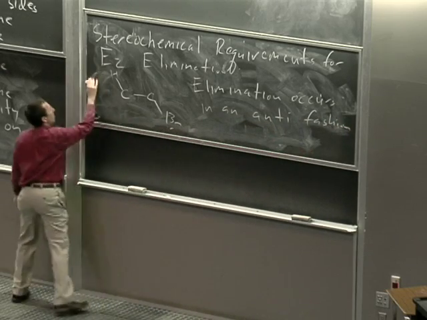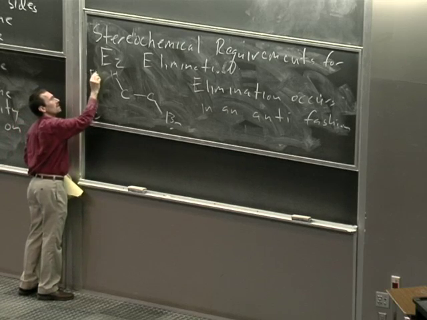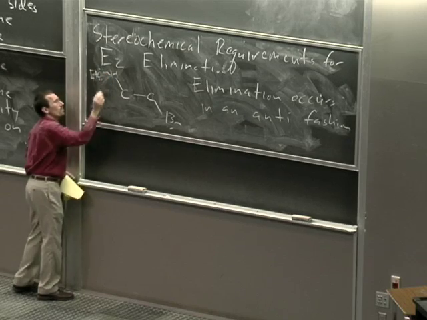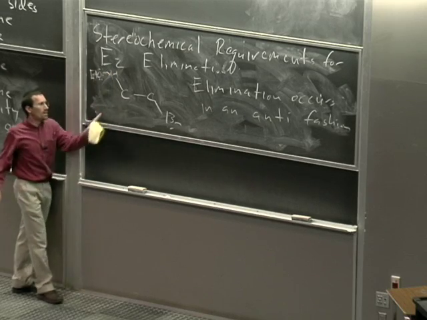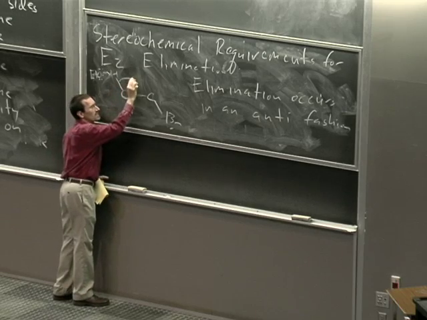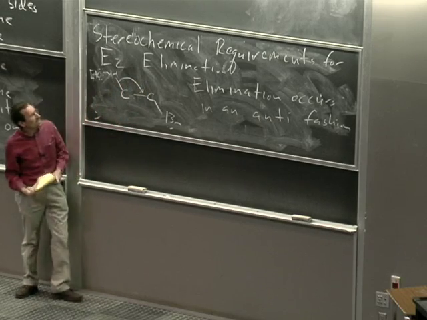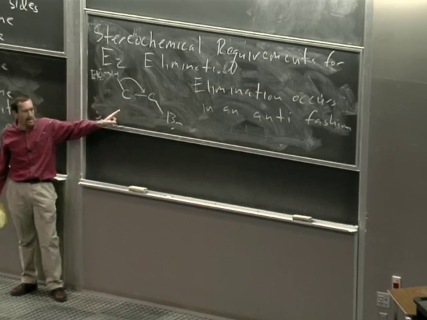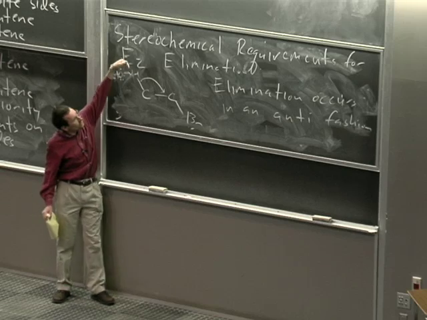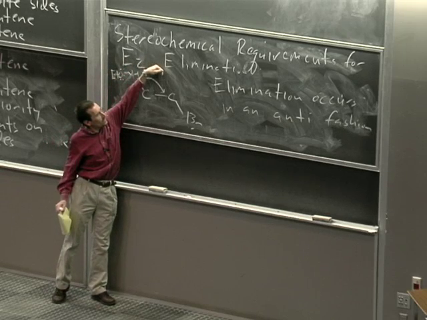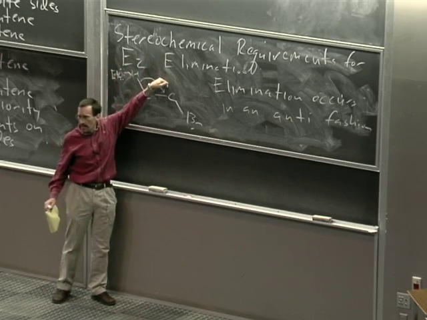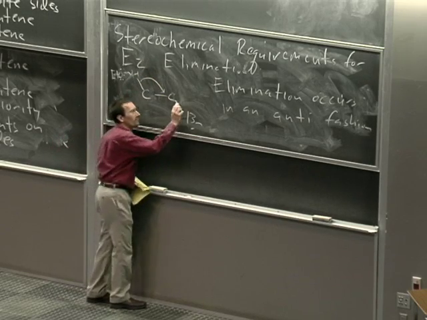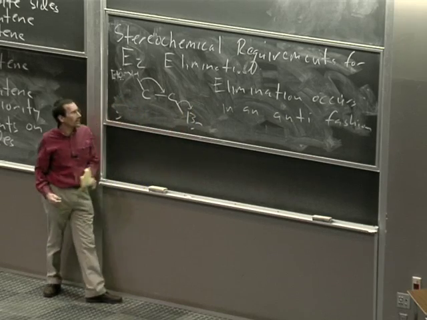In other words, our ethoxide comes in. We're starting to pull off the proton. We put electron density back here. And you notice this is almost like backside attack in an SN2 reaction. Remember, in an SN2 reaction, our nucleophile is going to come in directly backside of the carbon and cause the bromine to leave as bromide, taking its pair of electrons.